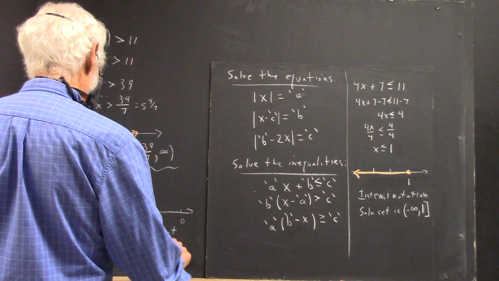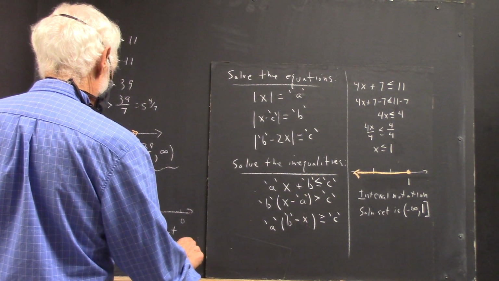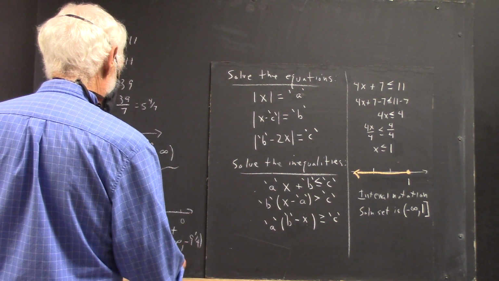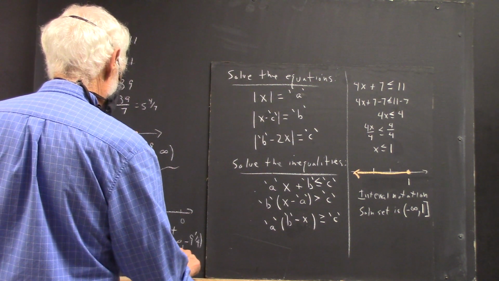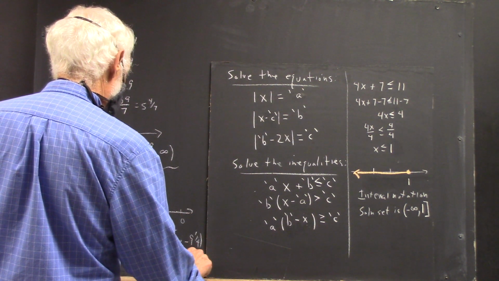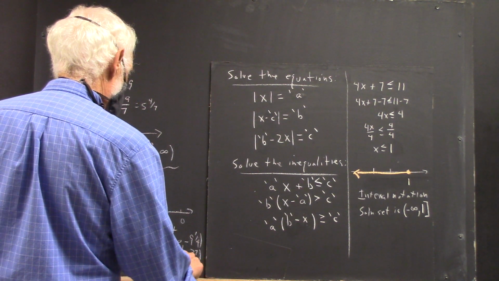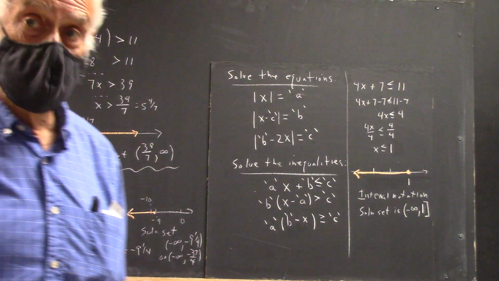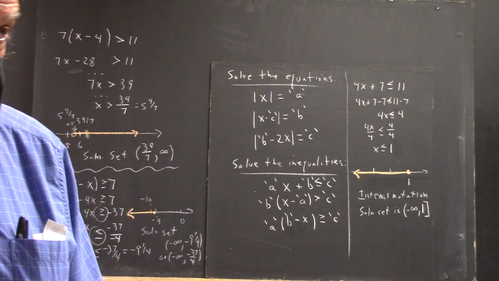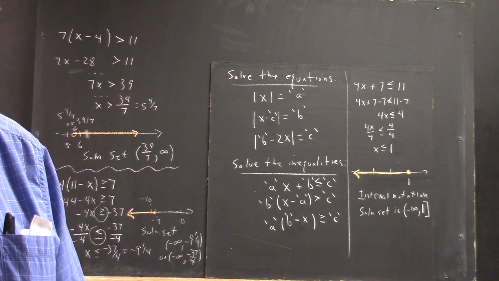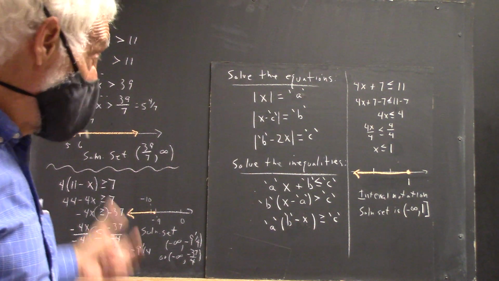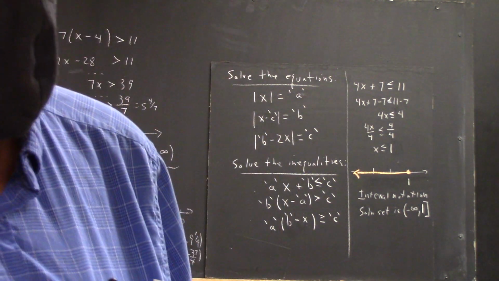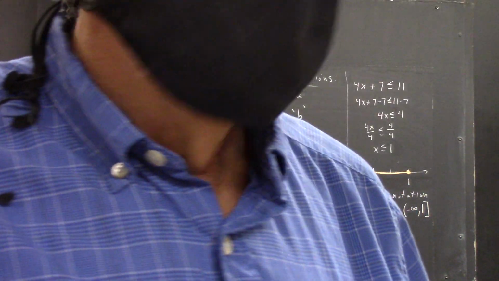In interval notation, the solution set is negative infinity, negative 9 1/4, or negative infinity, negative 37/4. Either is acceptable. Okay? So it's not that hard. If you remember those two things, you can do these things. And you will do them, I believe, correctly.